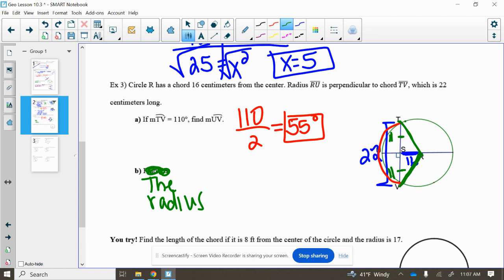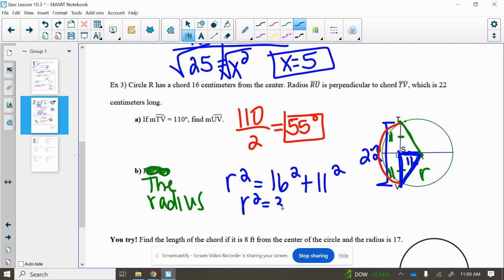So we have R here, we have 16 and we have 11. So we can use Pythagorean theorem to help us find that radius value. So R squared equals 16 squared plus 11 squared. So we add those two together, we get 377, square root to get the radius value of 19.4.